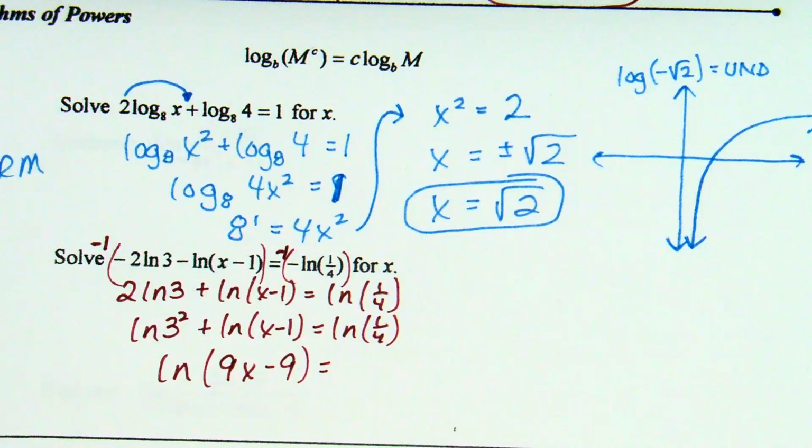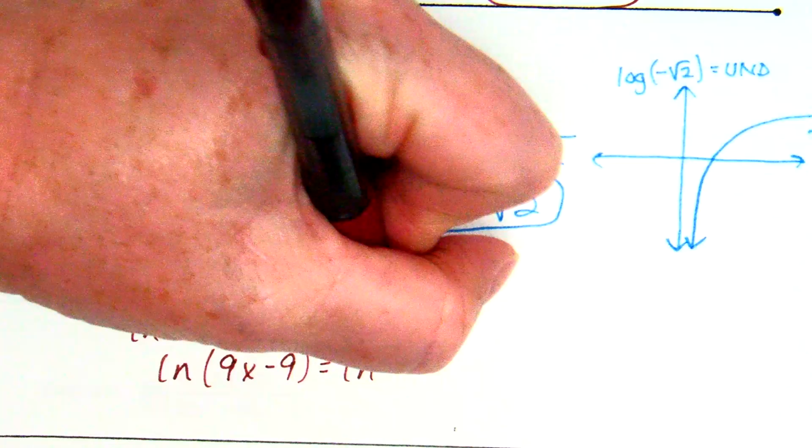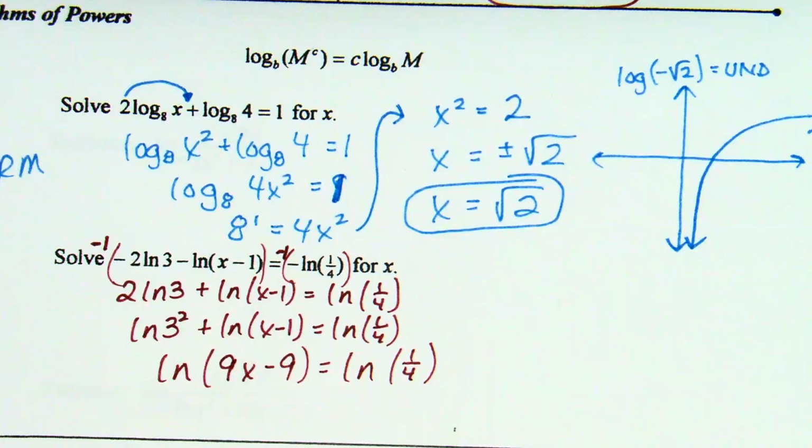Are we okay with that? Equals natural log of 1/4. Natural log equals natural log, so the insides equal each other: 9x minus 9 equals 1/4.